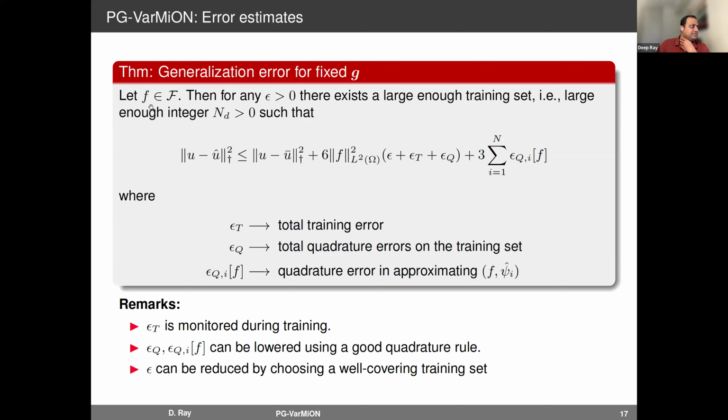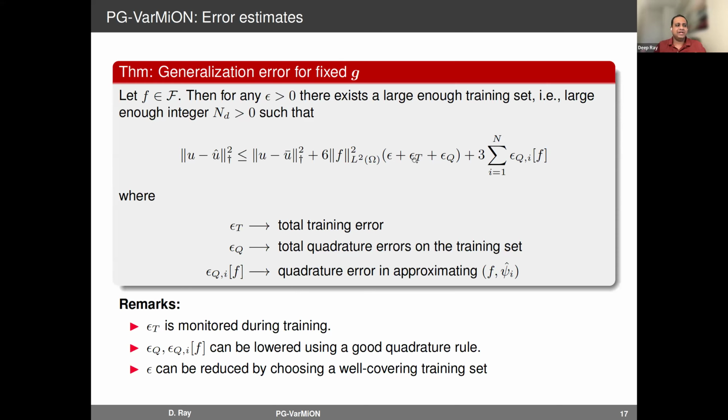Then what you can show is if F is any source function, then given any epsilon greater than 0, there exists a large enough training set, which is defined by a large enough number of training samples, ND, such that the error between U and the PG-VarMiON solution in this dagger norm is bounded by the projection error. This is something you've seen already, plus these remaining terms where you have the norm of the source function. You have these three terms where here's the epsilon you started off with.